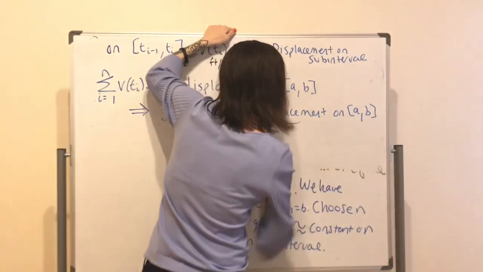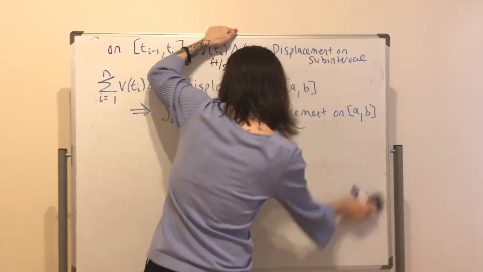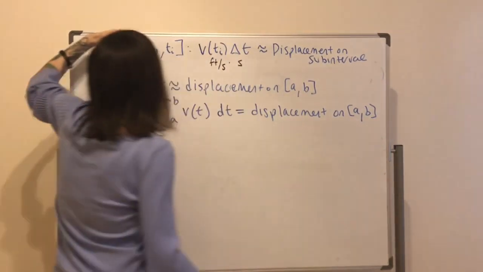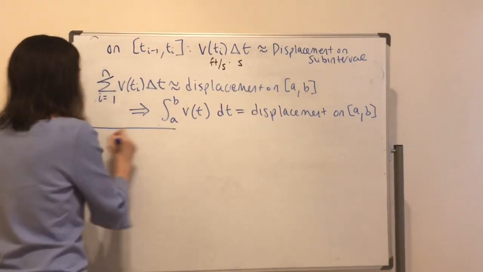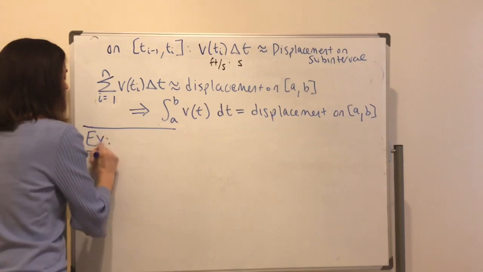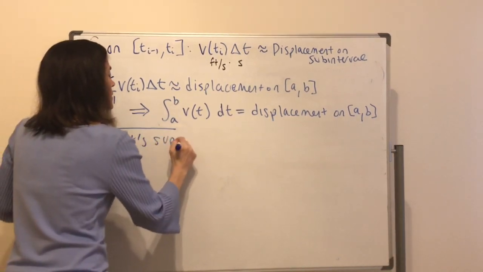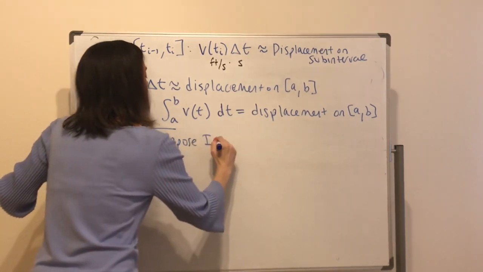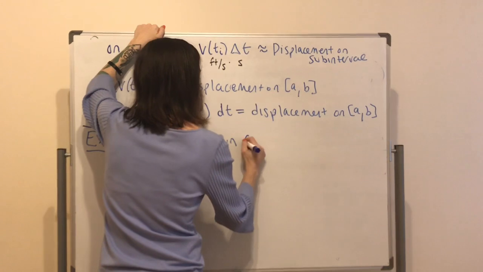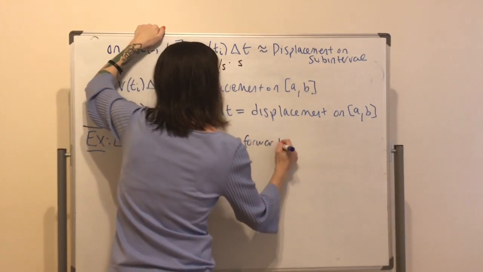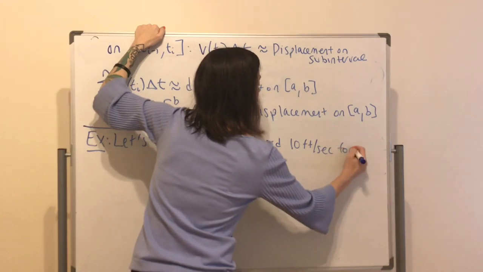Okay, so now let me talk about the other thing that was up here in the title, which is distance. And I will go back to this idea of running. So let's say, suppose I run forward 10 feet per second for 30 seconds.